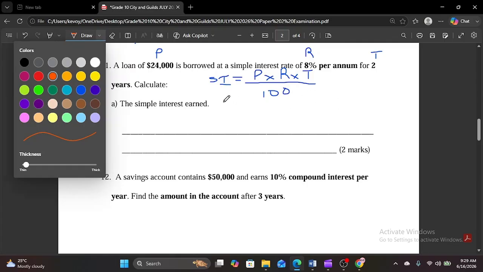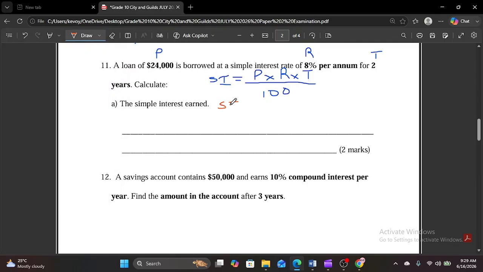So we plug in all our values. We're going to have 24,000 times 8 times 2 all over 100.